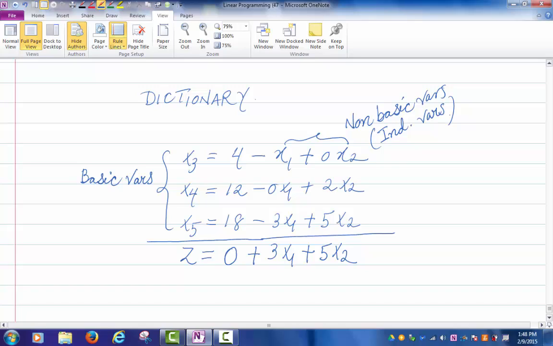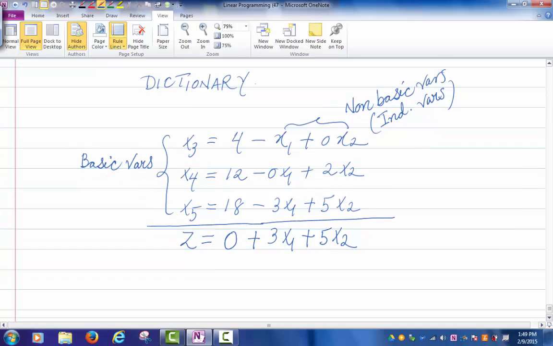Notice that if I set the non-basic variables equal to 0 and then solve for the basic variables, I get a solution. And that solution will correspond to a CPF or vertex solution. Is that clear?